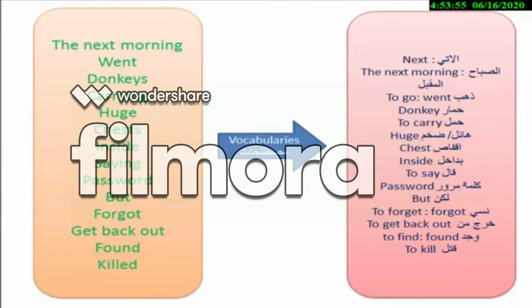We have the verb to carry, for example to carry a table. Mom carries her baby, meaning to lift, to carry. Huge means very big, enormous.